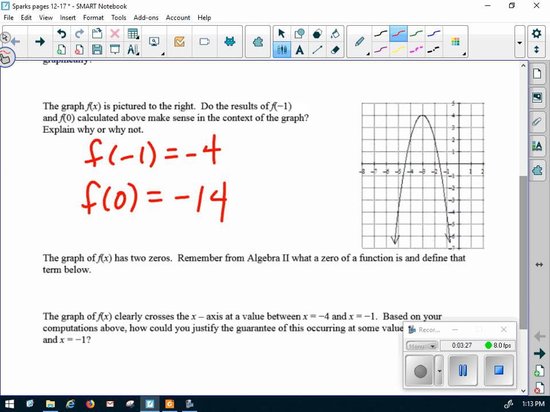Yeah, because as we're getting closer to 0, we can see that this thing's going way down here. So it's very possible that it's -14. What is this point also called? It's got another name. Perfect. The y-intercept. The y-intercept is when the graph does what? Crosses or touches the y-axis.